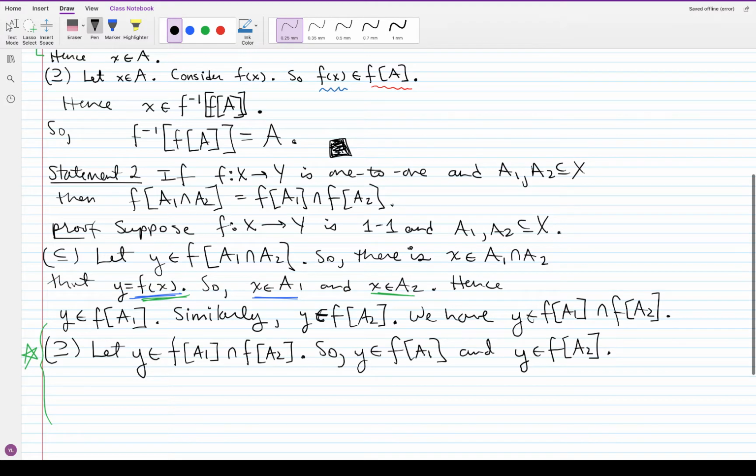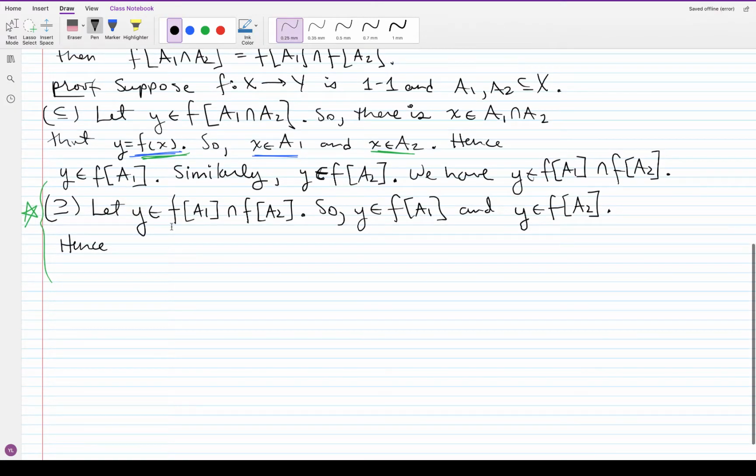So y is in f of A1 means there exists some x, blah, blah, blah. y is in f of A2 means there exists some x, blah, blah, blah. But I had to be careful because I can't use the same variable when I invoke those two things separately. So this is what I'll choose to say.